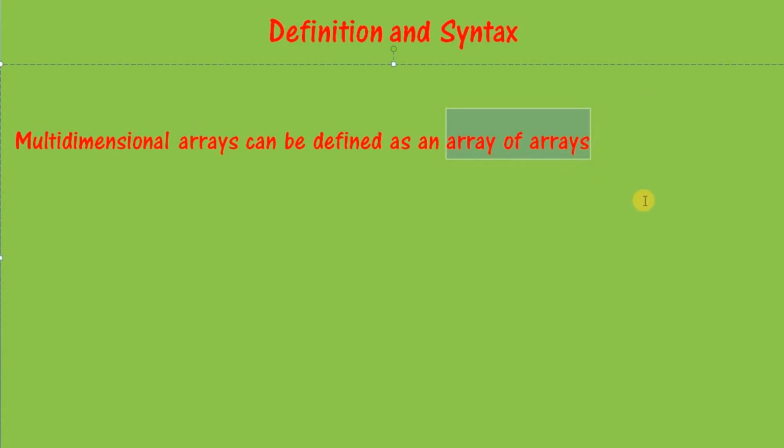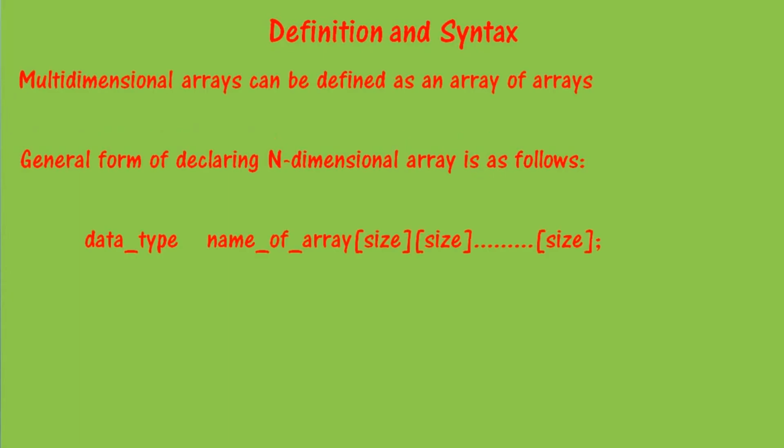Apart from this, the general form of declaring n-dimensional array is as follows. You have to specify the data type, then the name of the array, and then the square brackets. Inside these square brackets, you define the sizes.